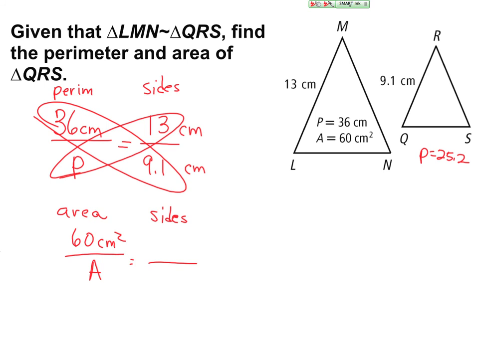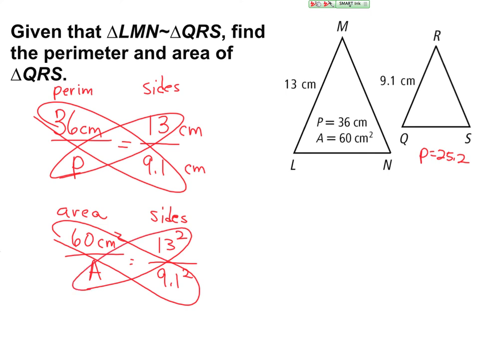So instead of setting it equal to 13 over 9.1, when we're doing the area, we have to square each of those to get the right relationship. So 60 times 9.1 squared, and then you're going to divide by 169, which is the side squared. So what's our missing area?